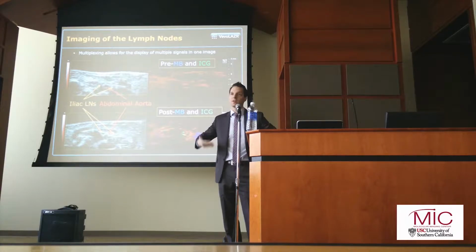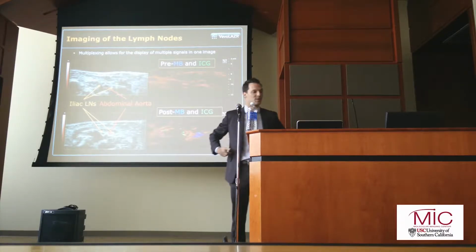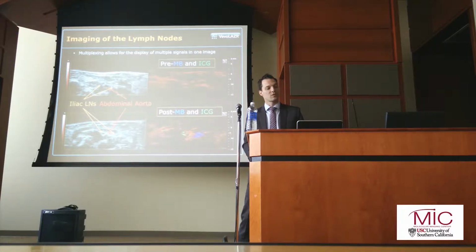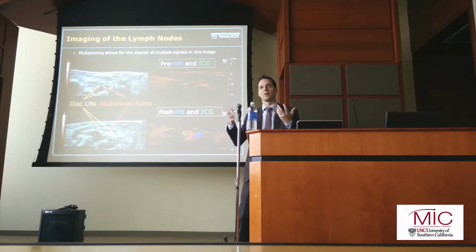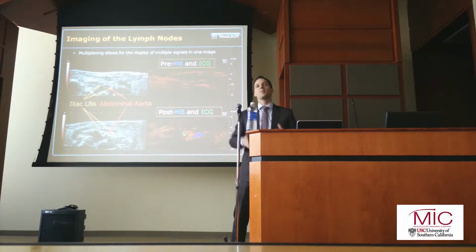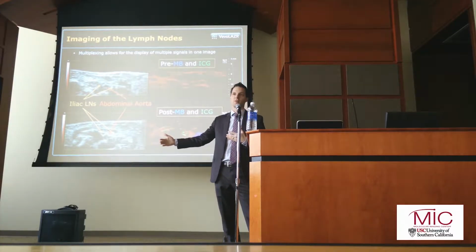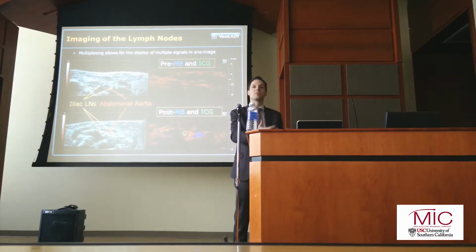So we're looking at a cross-section across the lower abdomen of the animal here. We can see structures, and these are a bit more meaningful when you actually are doing the real-time imaging. These are just still shots. But you can see things like the abdominal aorta. You can find the iliac lymph nodes in this case as well. But then we can use multiple wavelengths on the Vevo LAZR. We can do this multispectral imaging and then unmix different signals.